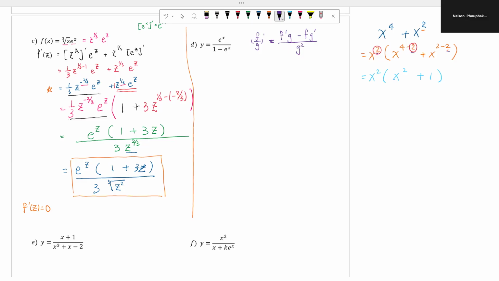So this is my f function, and this is my g function. Then y prime is the derivative of e to the x times 1 minus e to the x, minus e to the x times the derivative of 1 minus e to the x, and then all over 1 minus e to the x, squared.